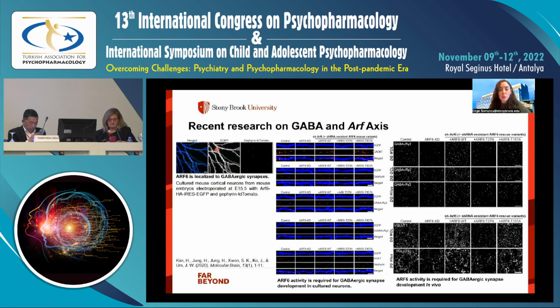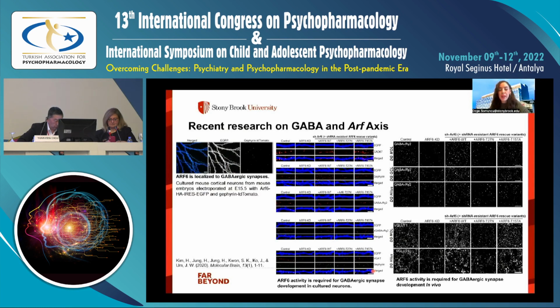And they found it was actually co-localized in the areas of the GABAergic synapses, which basically gave an important outlook, because they then knocked down or knocked out those ARF6 proteins in those neurons in different isotypes of GABAergic neurons generally.